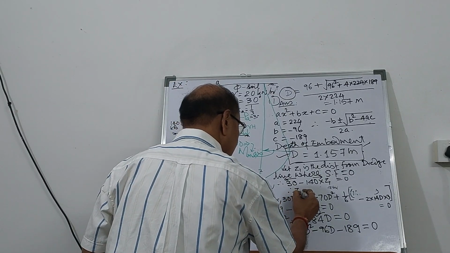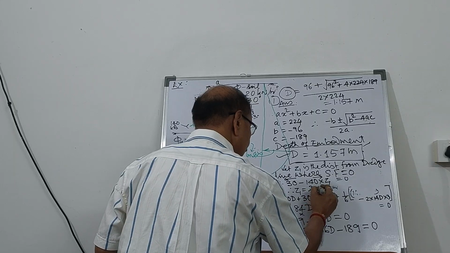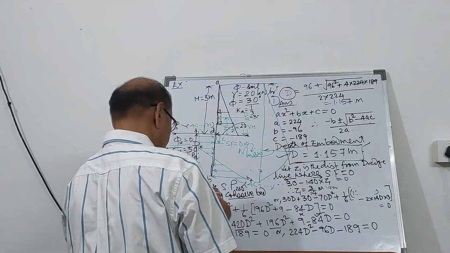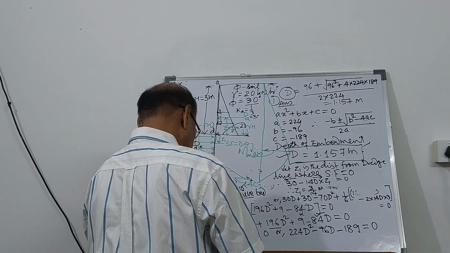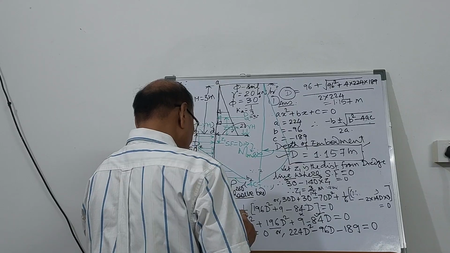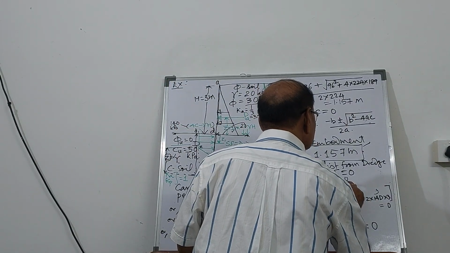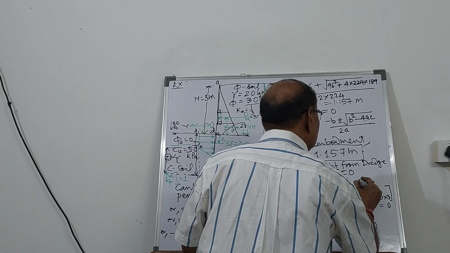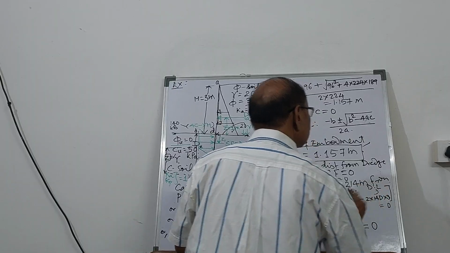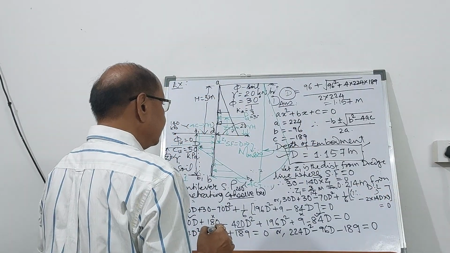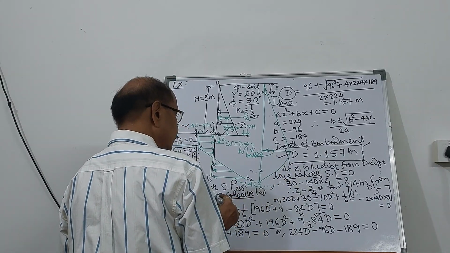Therefore, Z1 equal to 3 divided by 14 meter. So 3 divided by 14, if you calculate, 0.214 meter from dredge line. So at this location the moment will be maximum.